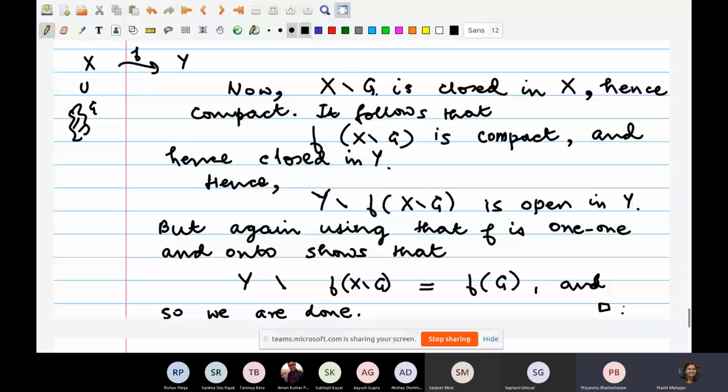Ma'am, can you please elaborate the last point about how it came out to be f of G, using the fact that it's a bijection? See, this is very simple set theory.